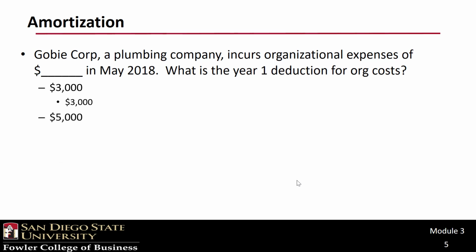If we increase that to $5,000, the same structure applies. Less than $50,000 and up to $5,000 expensed, thus the deduction is $5,000.